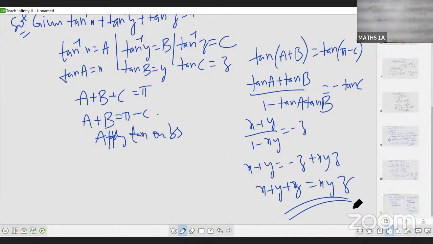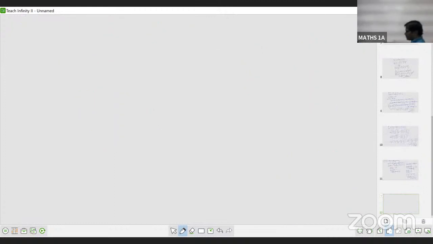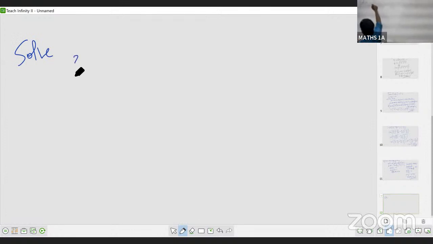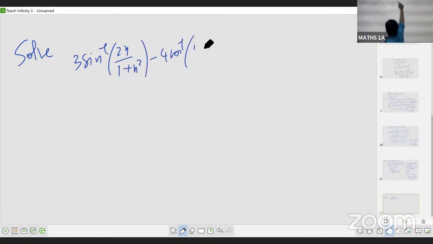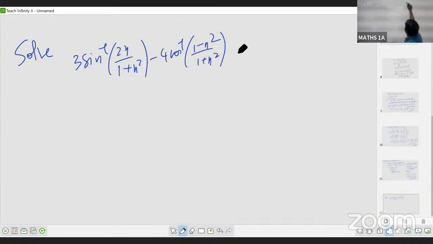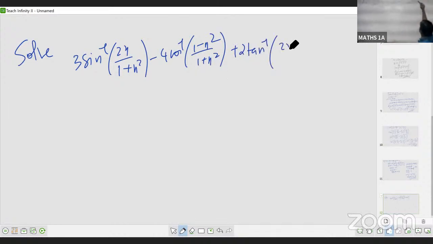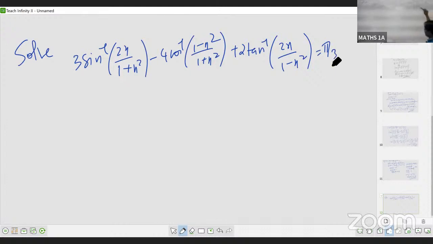And the last one, solve: 3 sin inverse 2x by 1 plus x square minus 4 cos inverse 1 minus x square by 1 plus x square plus 2 tan inverse 2x by 1 minus x square is equal to pi by 3.